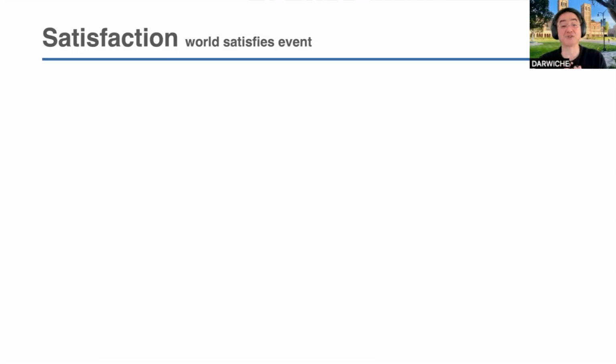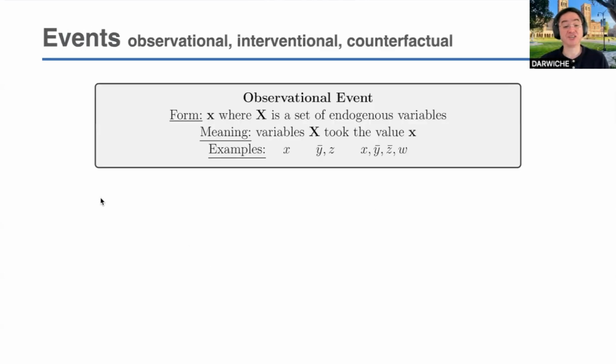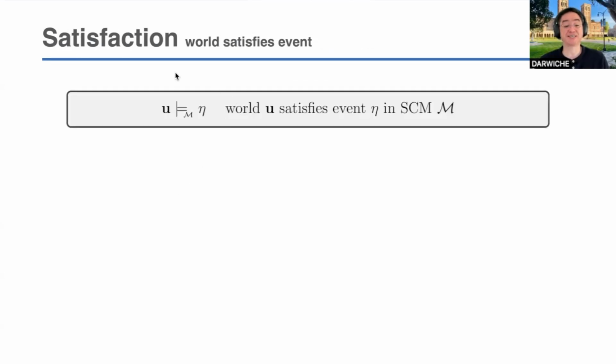The secret slide, or the secret notion now is, now that we have the notion of a world, and now we have the notion of an event, we want to talk about when a particular event is true at a particular world. And remember what a world is. A world is an instantiation of these variables. So this is one world, this is another world, and so on. So the key notion we need is this.